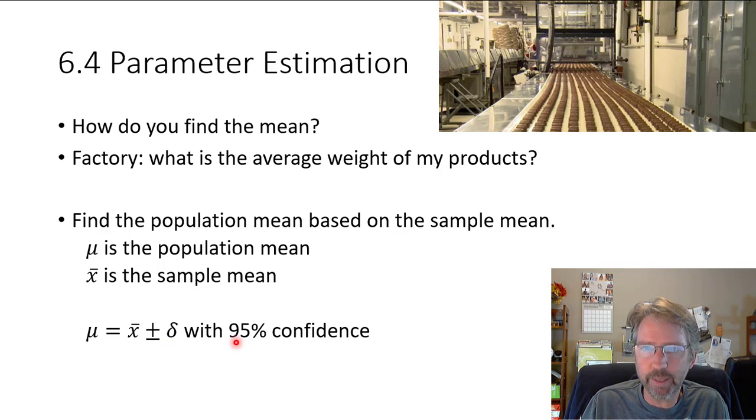If you're okay with 80% confidence, then your delta can be smaller because it only has to work 80% of the time. So there's a different correlation between increasing the confidence. Higher confidence means larger uncertainty here.